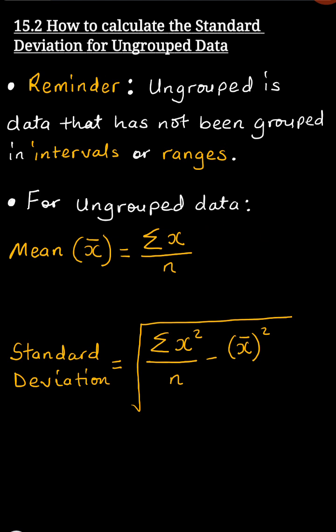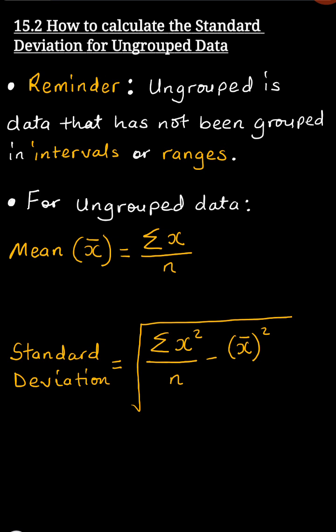So here we are summing up all the values of x, and then we divide what we get on top by the total frequency. I'll explain this in more detail shortly.